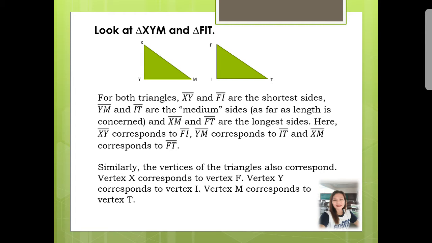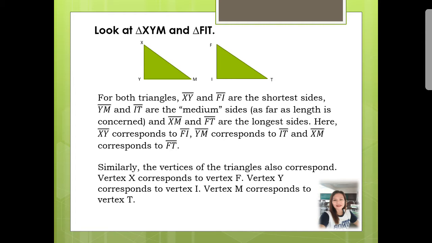Side YM and side IT are the medium sides as far as length is concerned. And side XM and side FT are the longest sides. Here, side XY corresponds to side FI. Side YM corresponds to side IT. And side XM corresponds to side FT.